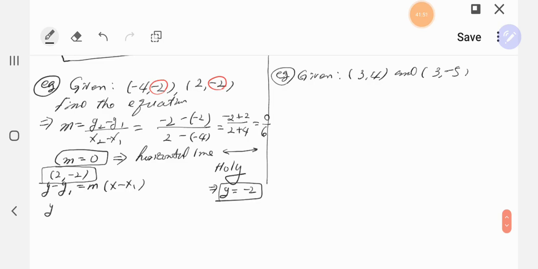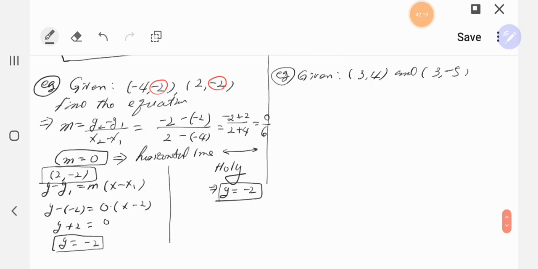Then y minus y1 is equal to 0 times x minus x1. So y plus 2 is equal to 0, since 0 times something is 0. So y is equal to negative 2. That's the equation. Done.